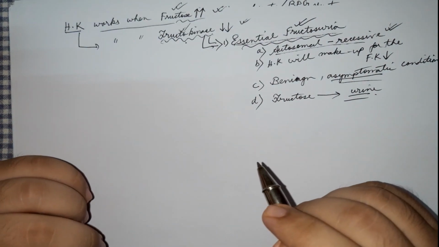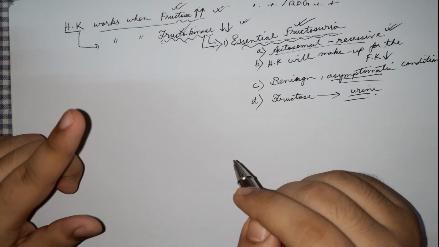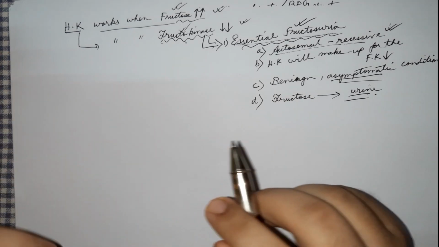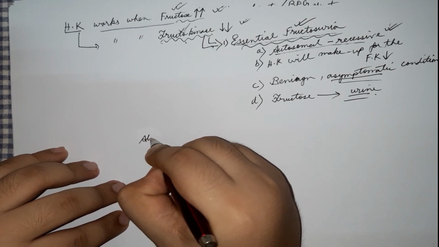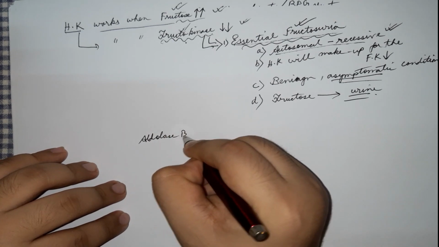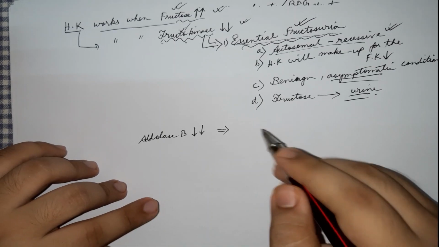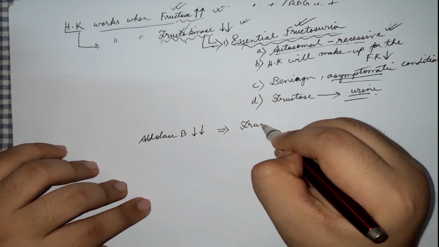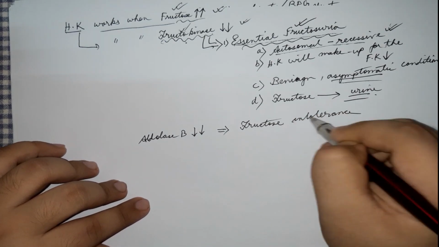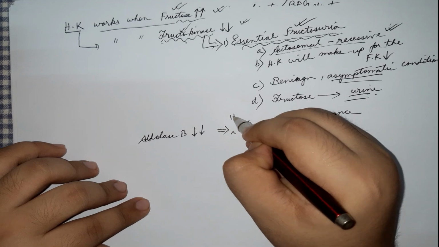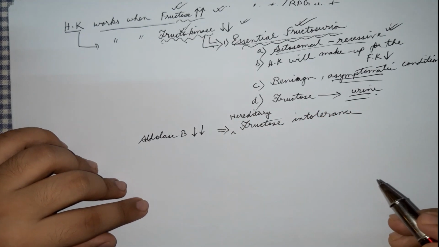Now if you remember, there was another important enzyme in fructose metabolism. What was that? Yes, aldolase B. Aldolase B was another enzyme. So if aldolase B is deficient, then there is another condition which is known as fructose intolerance, or rather hereditary fructose intolerance.